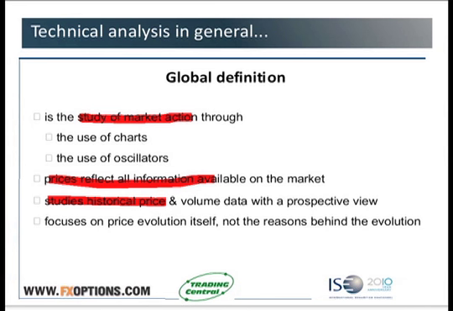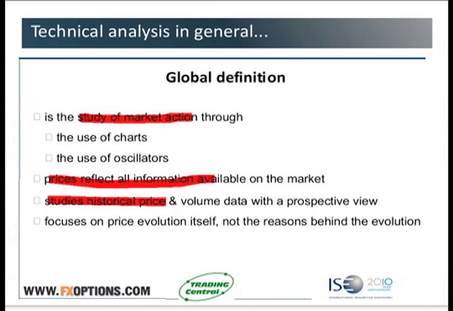Investors still behave the same way through the ages, I would say, through the years. So when you can see a kind of pattern which worked well in the past, there is a strong probability that it will also work well in the future.